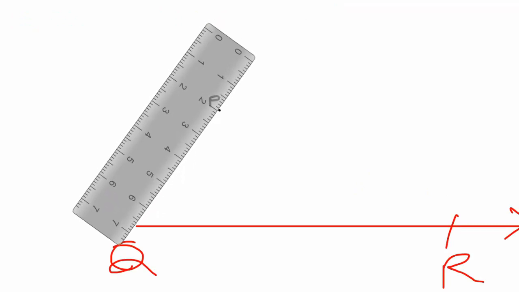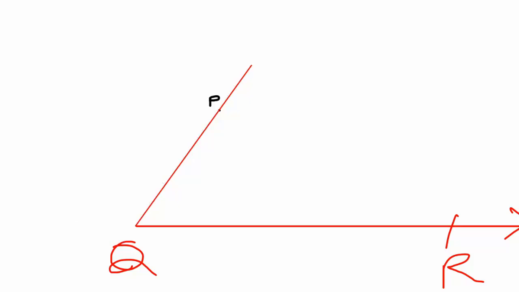Put the ruler as shown here and draw the line passing through this one. Show the arrow. This is the angle PQR of measure 55 degrees.